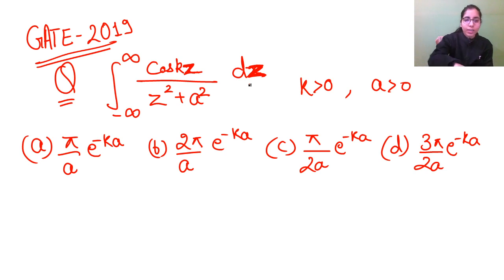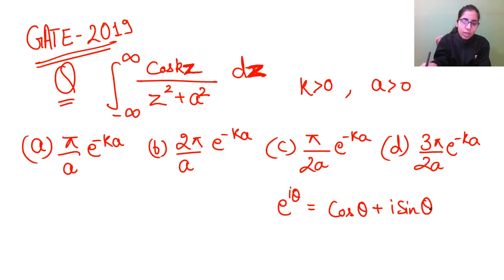Okay, let's start. See, here the first step is that we need to find the poles. But the point is, we have a trigonometric function with the normal expression or polynomial. Many times whenever we have this kind of situation in our exam or in the questions, what we do, I hope you all know that e to the power iota theta is equal to cos theta plus iota sin theta.